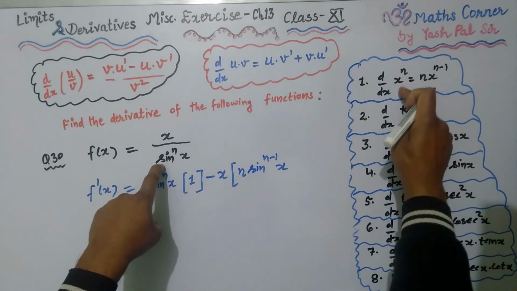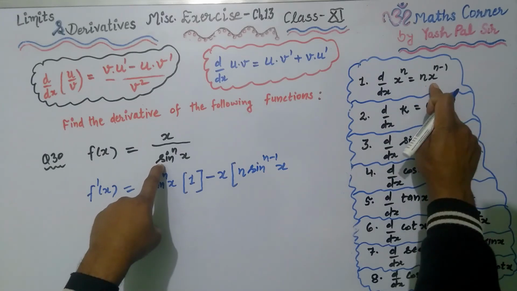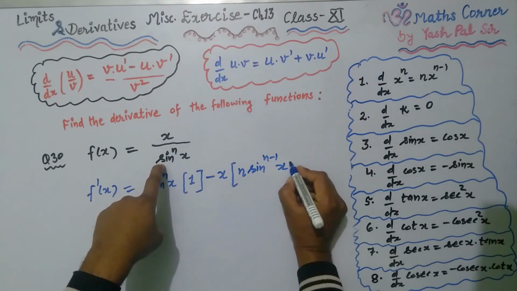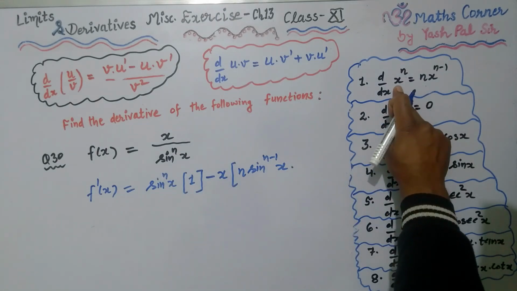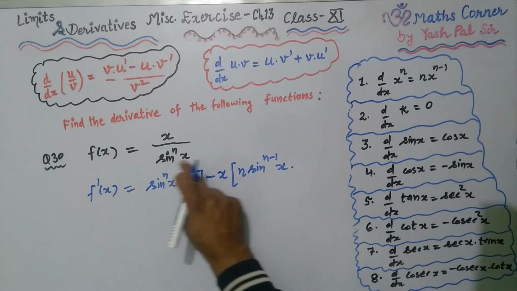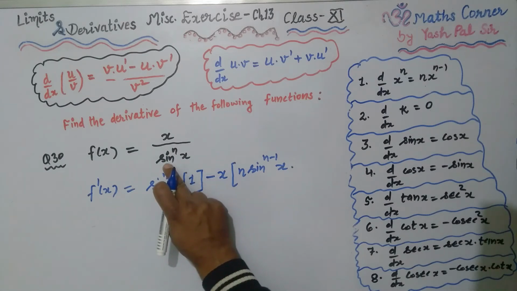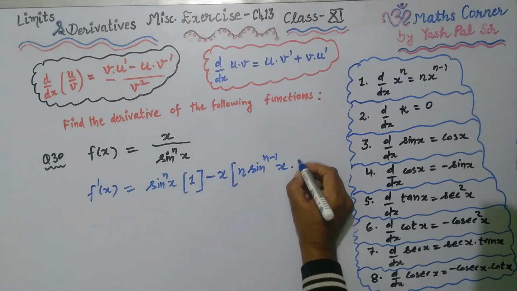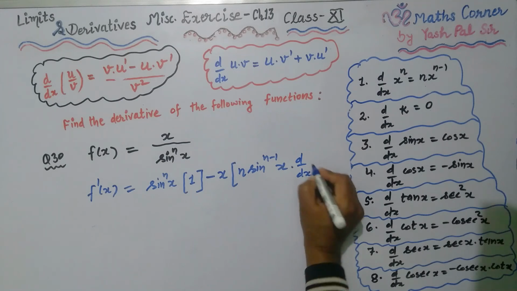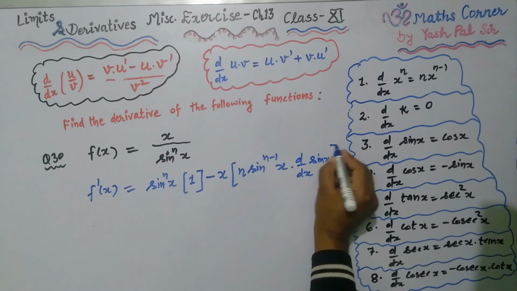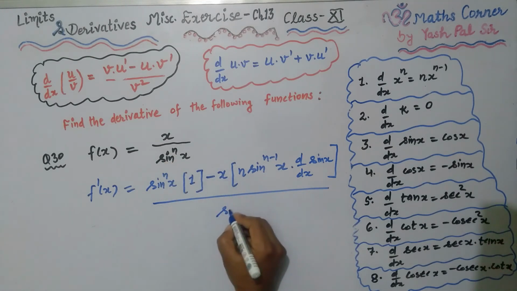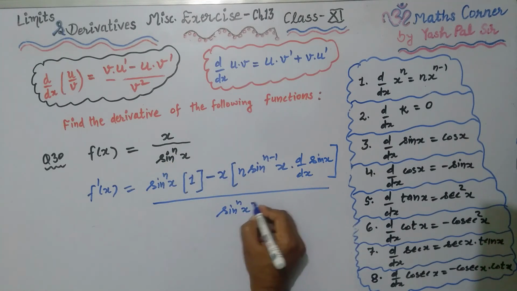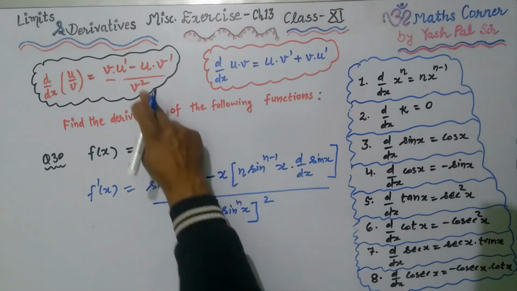Because this is not x, what is this? This is sin x. So what says the chain rule? Chain rule says again differentiation of this function, derivative of sin x, whole divided by square of sin^n x, this is v squared.